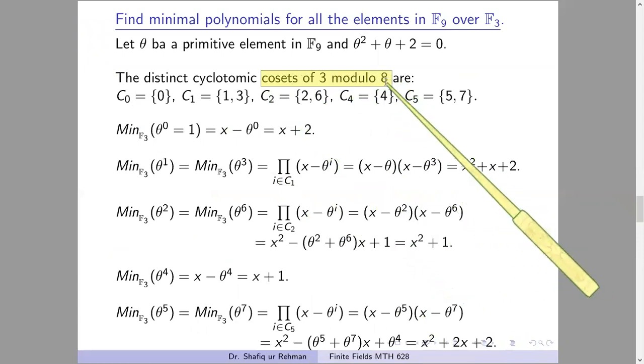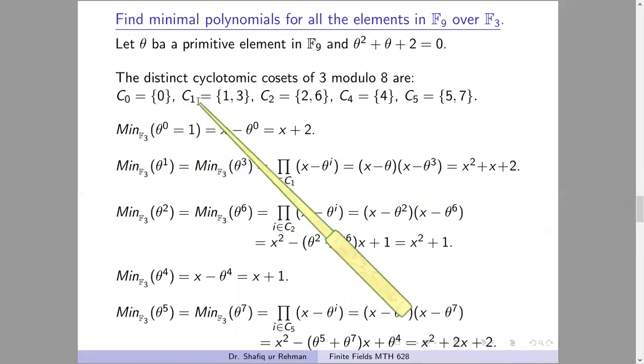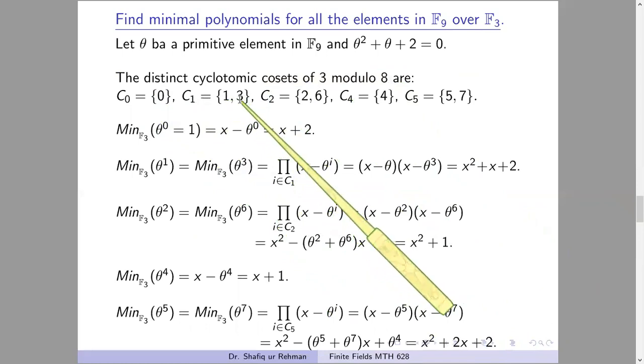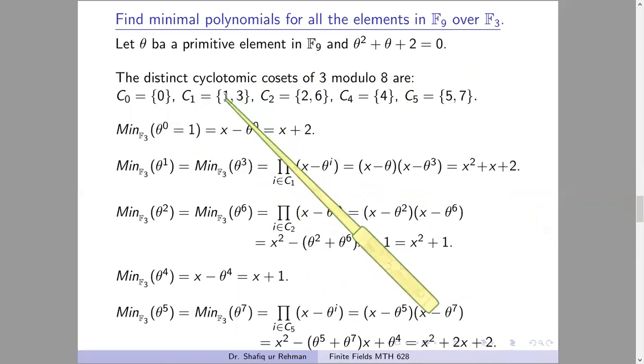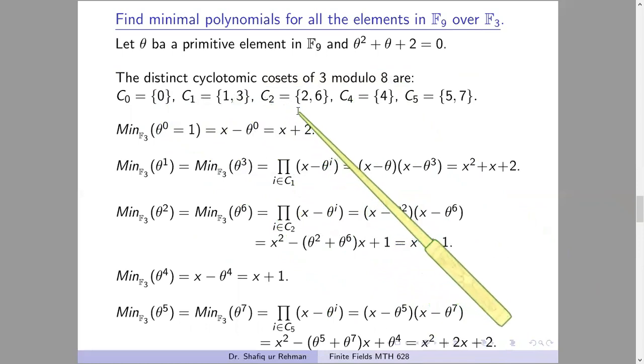that is 8. So we start with C0 equals 0, then C1: we start with 1, multiply 1 by 3, and then if we again multiply by 3, we again get 1. And then we will find C2.